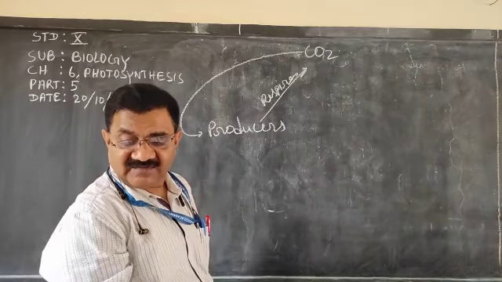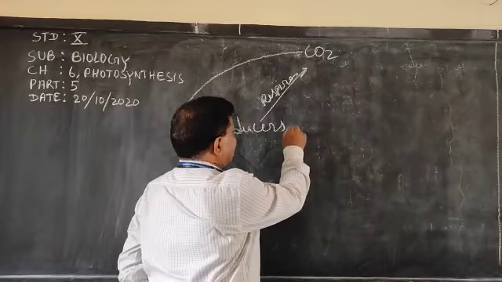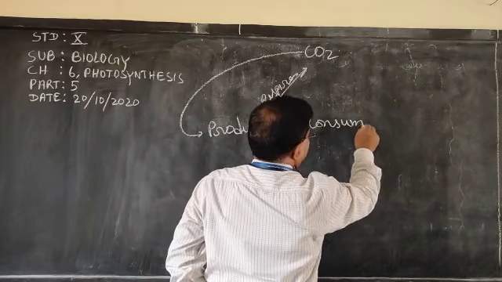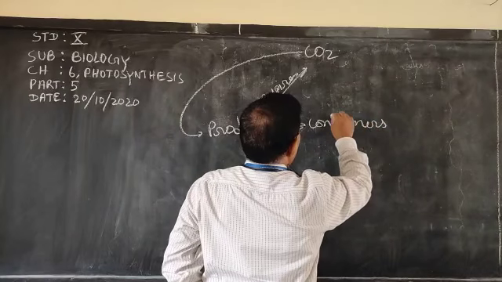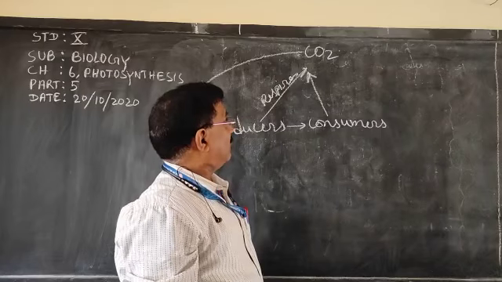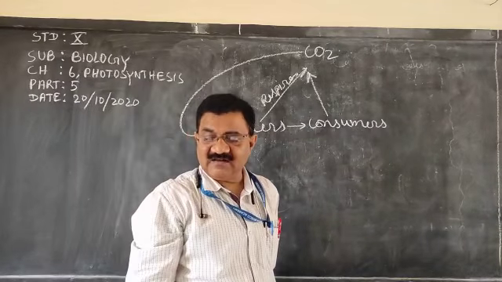Or green plants can be consumed by the animal consumers, and if the consumer also respires, this carbon dioxide will go back to the atmosphere.